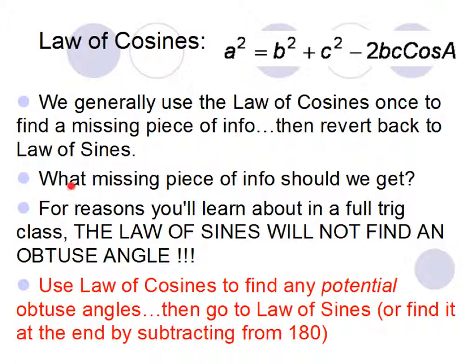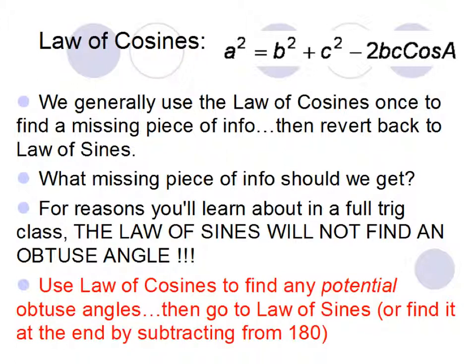Now, what missing piece of information should we get? Well, sometimes it doesn't matter, but the one thing that you need to acknowledge is that if you ever do the law of sines, your calculator will not give you an obtuse angle back.